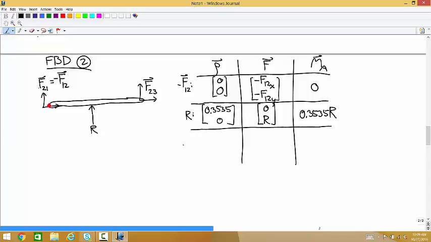And then the last one is F23. What's the row vector? Yep, positive 0.7071, 0. The force vector is F23x, F23y, and so the cross product is 0.7071 F23y.